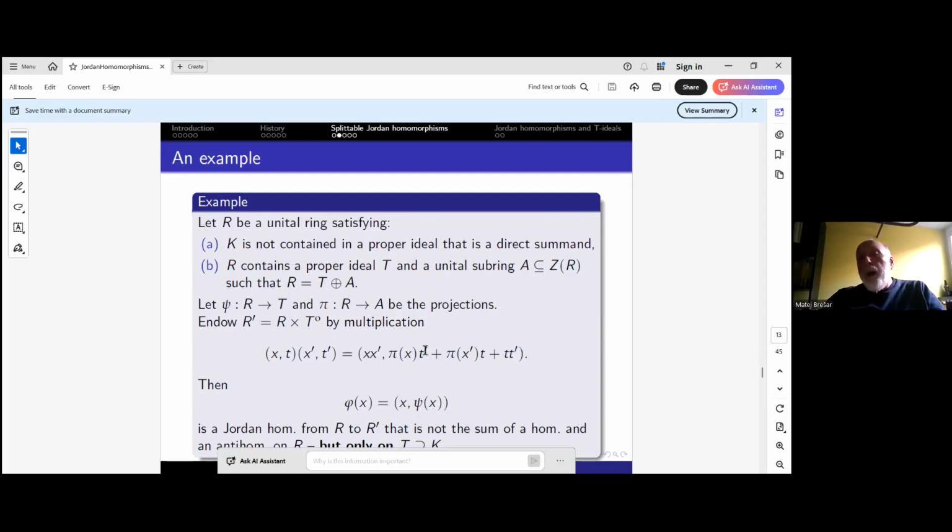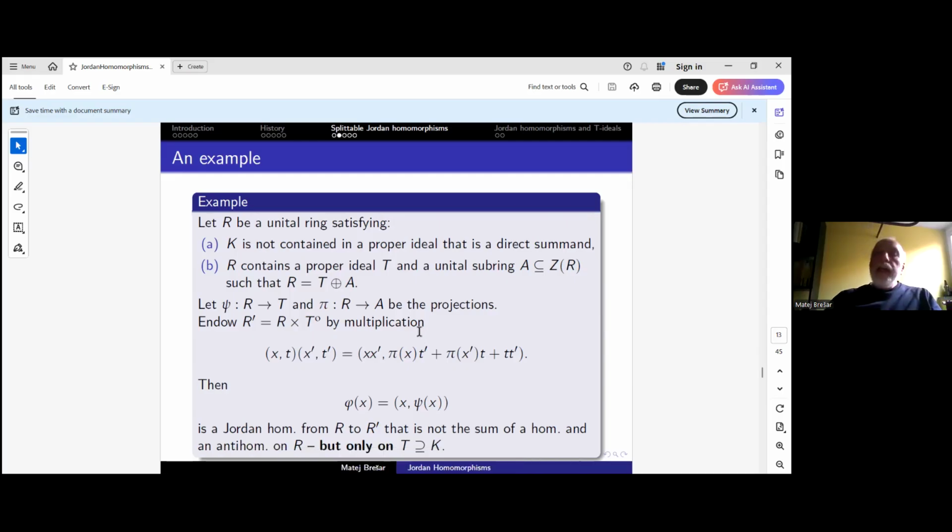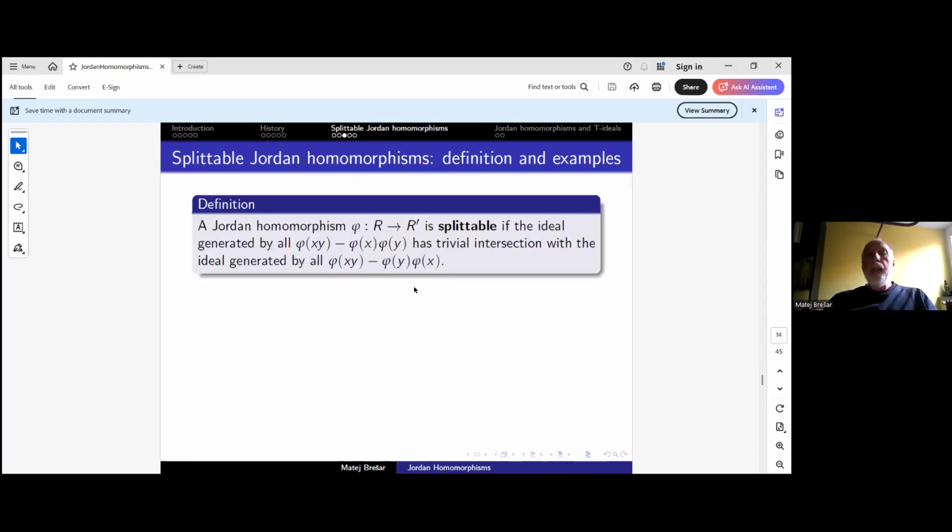So if you want a general result, it's hard to expect that you can find some very nice class of rings where you can have this expected result, but it's better to focus on the commutator ideal, which is the most non-commutative part of the ring, and somehow natural in this context.